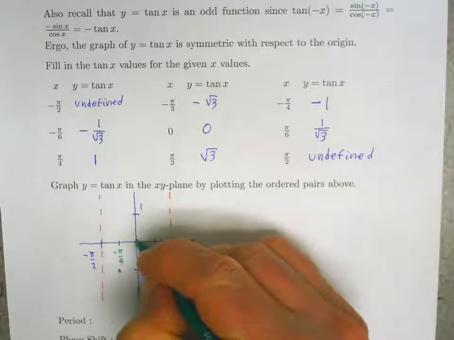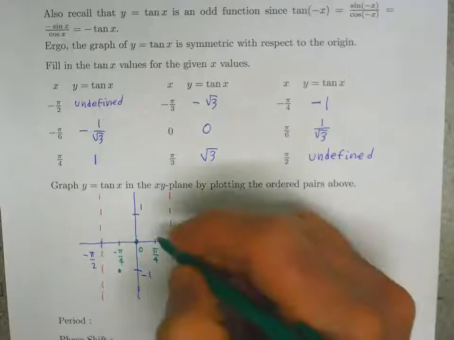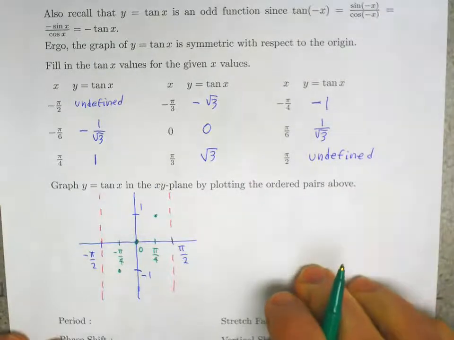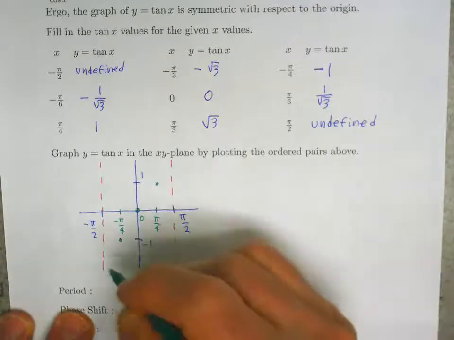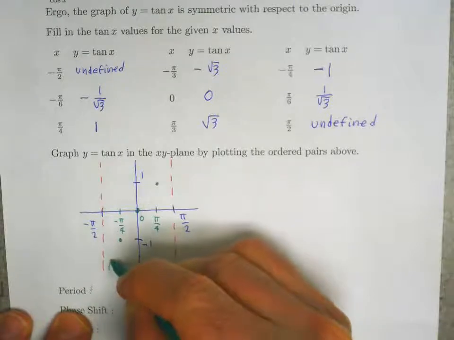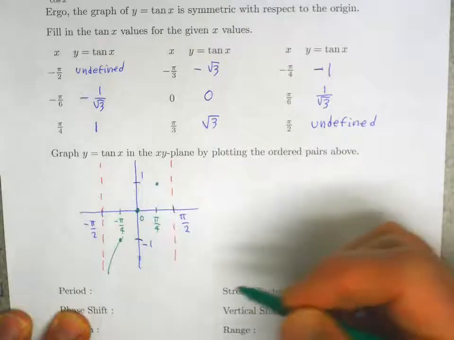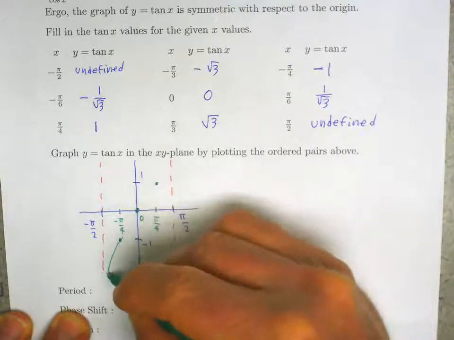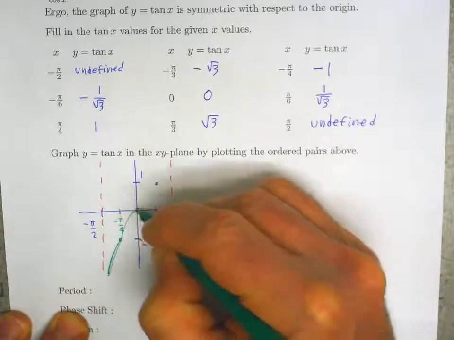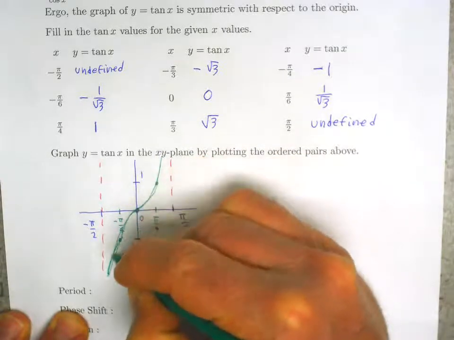So we have this point on the graph. And then tangent of π/4 is +1. So that's enough to get a reasonable graph for tangent of x on this interval between -π/2 and π/2. So I'll try not to botch this too much. So the graph looks something like this.